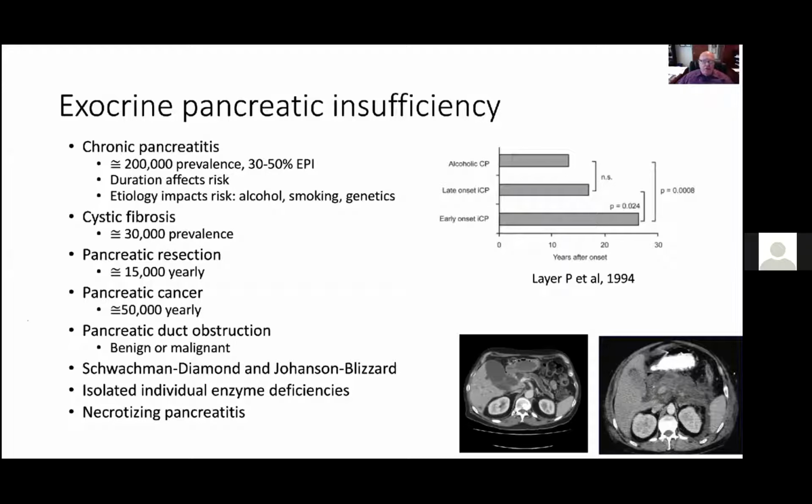And there are some other etiologic risk factors that seem to impart a higher risk of exocrine insufficiency, like smoking or genetics. Cystic fibrosis is a common cause of exocrine insufficiency, as is pancreatic surgery and pancreatic cancer, and a variety of others, including severe acute pancreatitis.